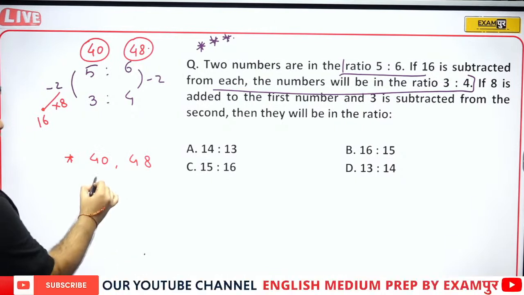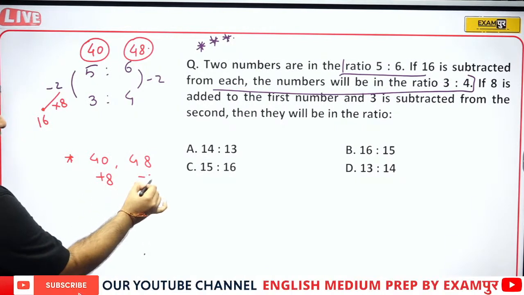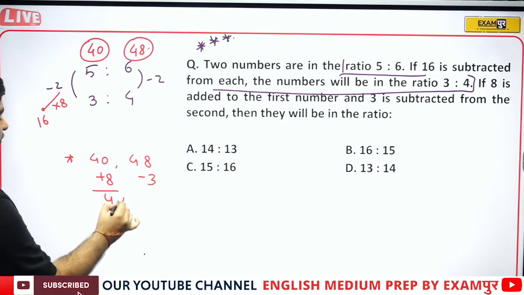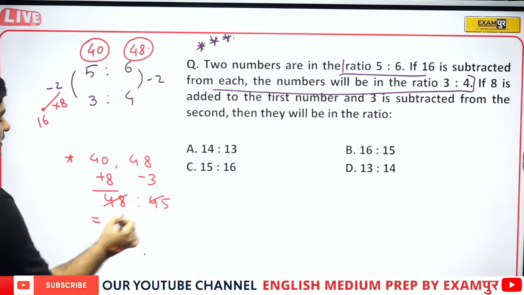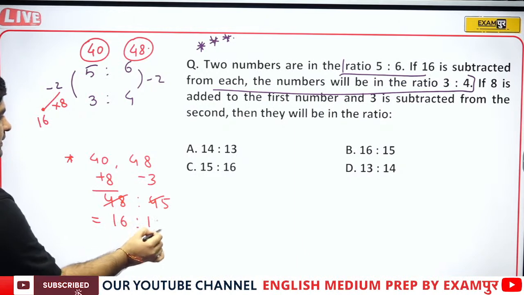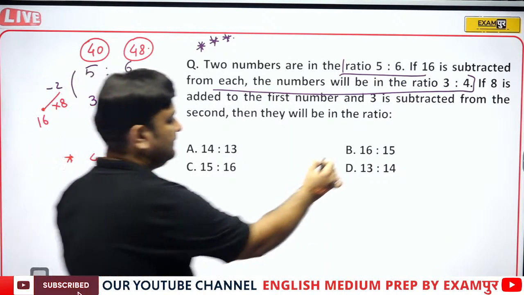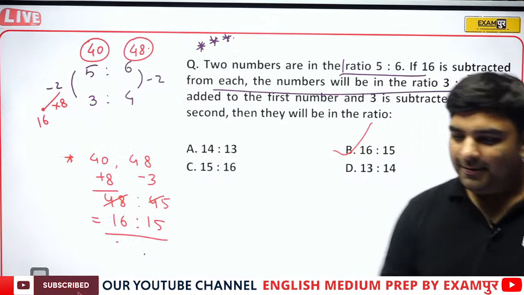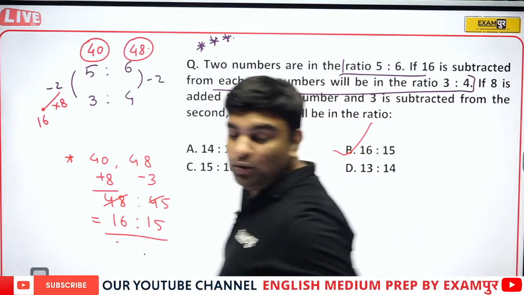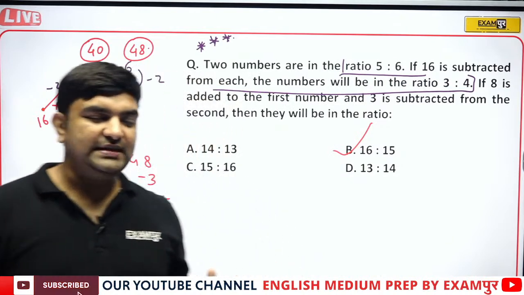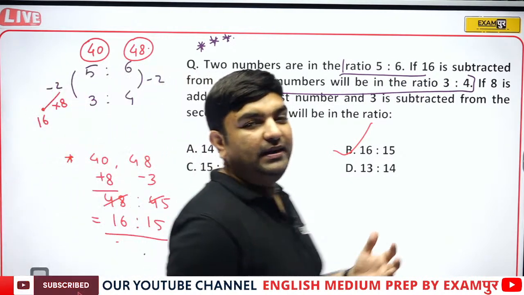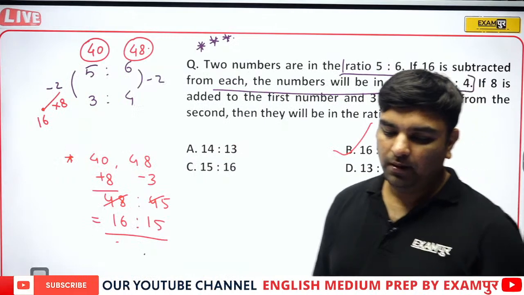If 8 is added to the first number and 3 subtracted from the second number, they become 48 and 45, and their ratio is 16:15. So as long as the same number is added or subtracted, it's a comparatively easier problem.